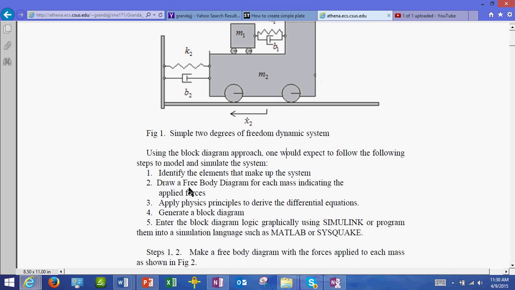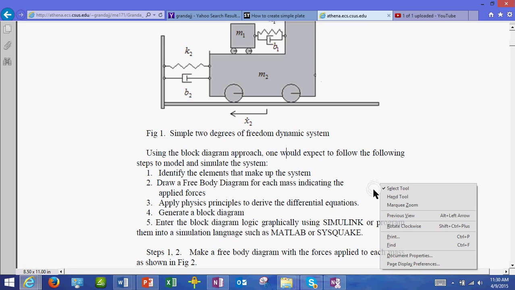You have to draw the free body diagram, apply the principles of physics to derive the differential equations, and then you have to generate a block diagram. Once you do that, you enter the block diagram in Simulink. That is how we will do it.